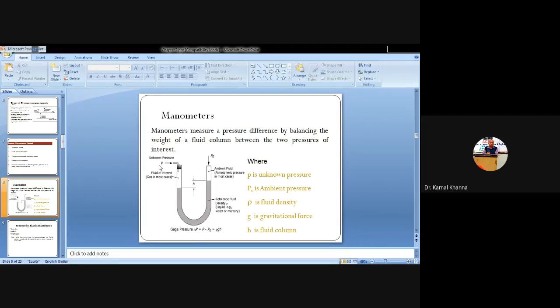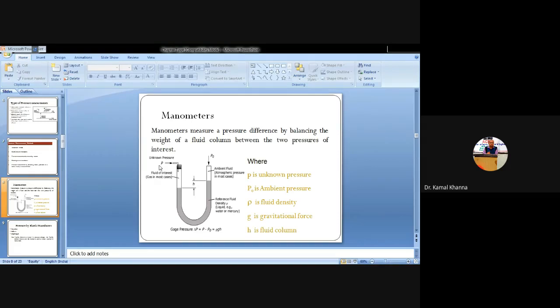They generally work on the principle of balancing the fluid column by a spring or dead weight. Dead weight is used in the case of the diaphragm and dead weight gauge, whereas the spring is used in the Bourdon and bellow pressure gauge. So we'll discuss all these manometers and mechanical gauges one by one.